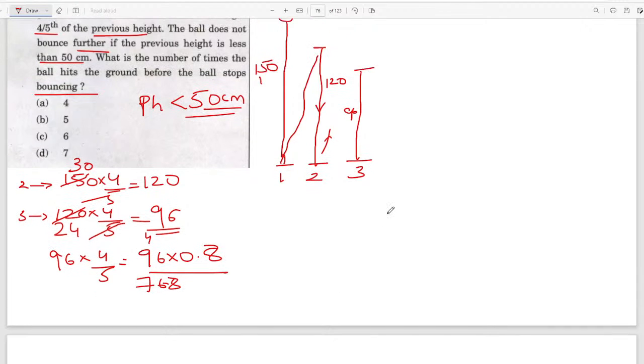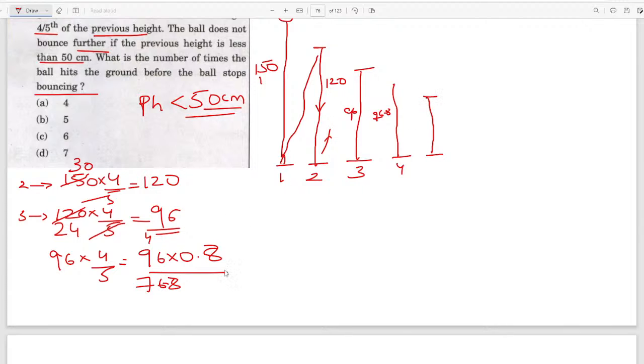The next height it jumps is 76.8. So since this height 76.8 is greater than 50, again it will jump. It will jump to some height.